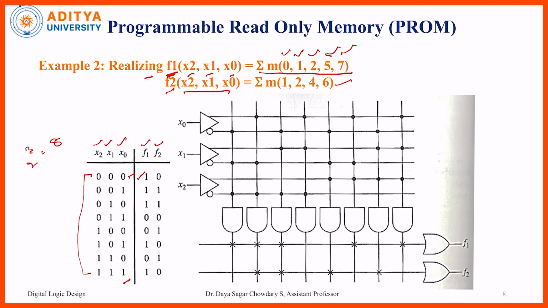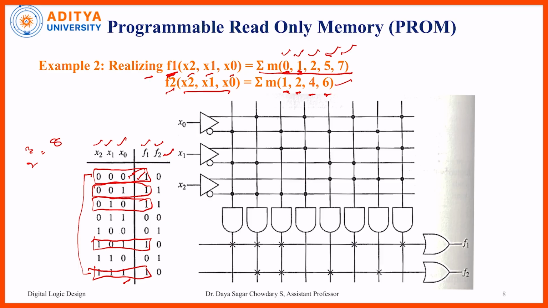So for m0 we give 1 here, for m1 we place 1 here, for 2 we place 1 here, for 5 we place 1 here, and for 7 we place 1 here for the function f1. Likewise we give the ones for f2. Here f2 contains min terms 1, 2, 4, 6.